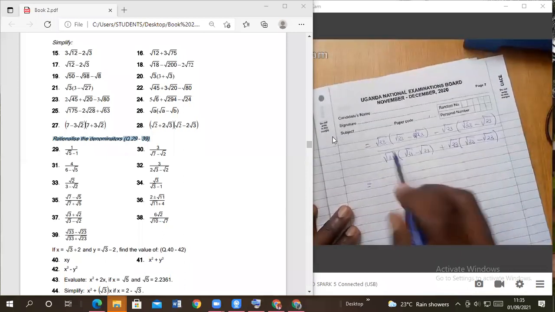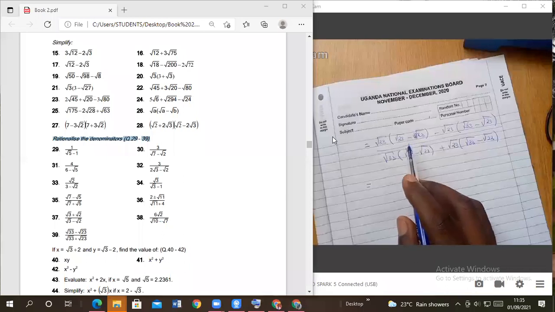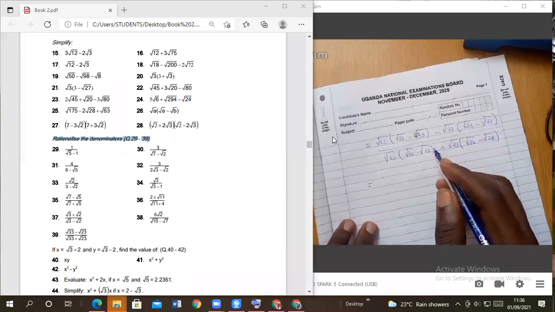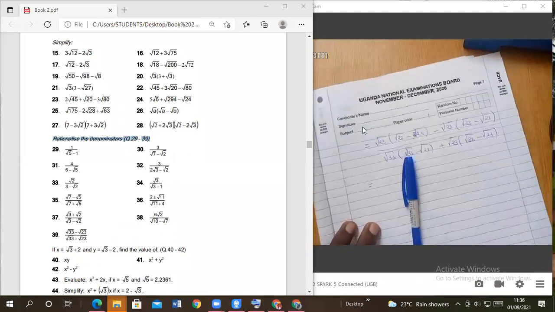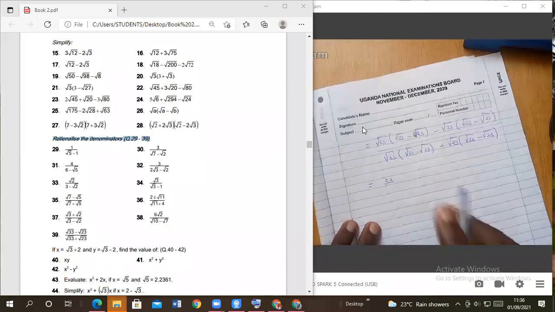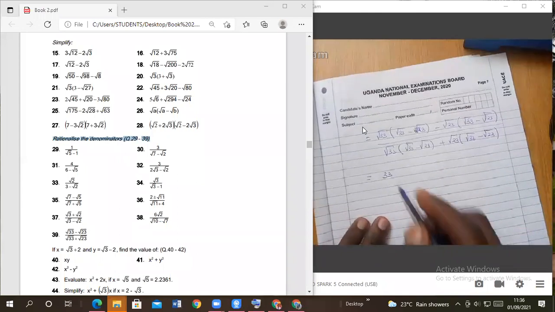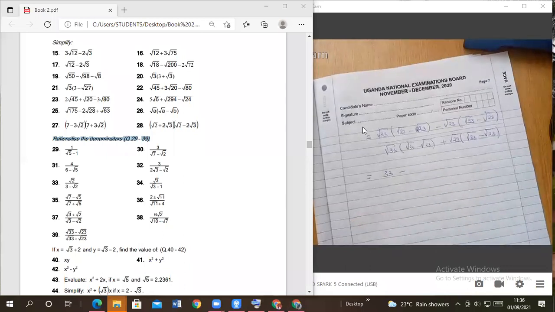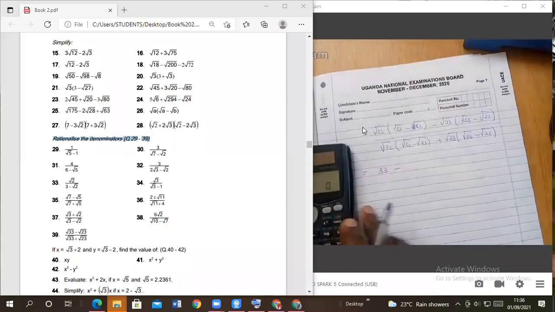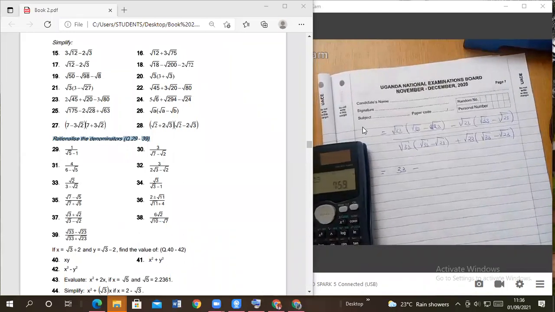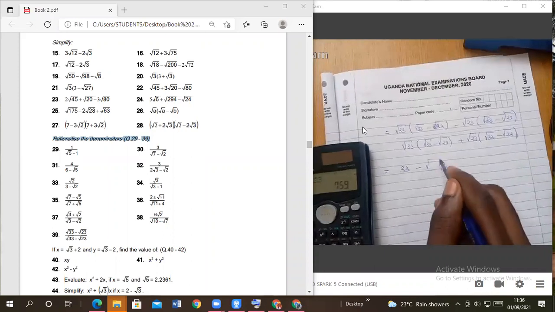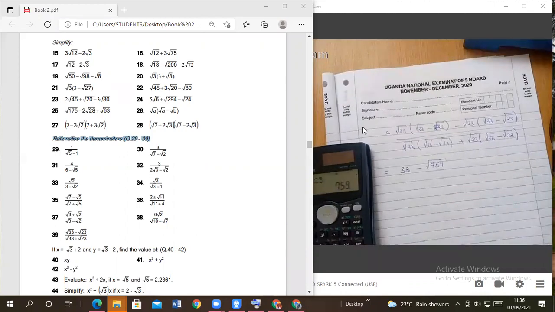So let's start. Root of 33 times root of 33, what do we get? The answer is 33, not so? Then minus, we have 33 minus 23.